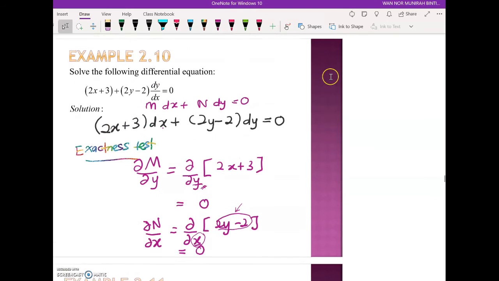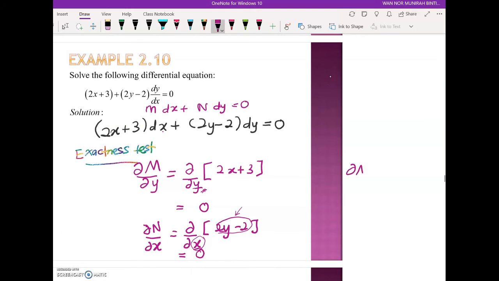Okay, so I can conclude that ∂M/∂y equals ∂N/∂x. Why does this happen? Because both answers give us 0.